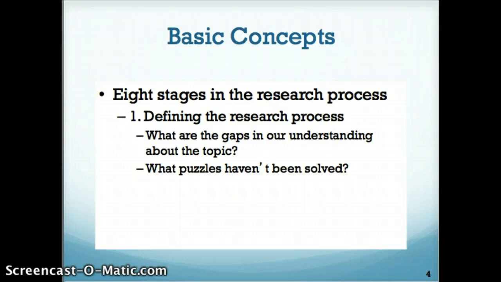We'll be taking a look at the researcher that's looking to define his or her own research problem, and the process that they follow through. Now, it's not different than the process that people who replicate research follow through, but they ask some different questions. So let's move on to the second stage.